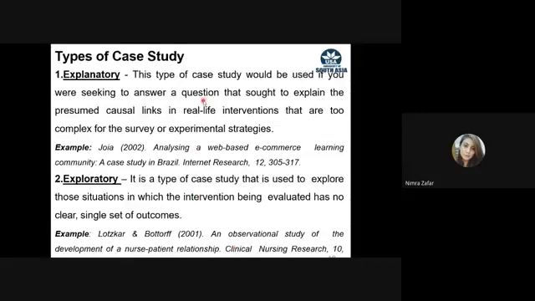Then we have further different types of case studies. Number one is the explanatory case study. This type of case study would be used if you were seeking to answer a question that sought to explain the pre-assumed causal links in real life intervention that are too complex for the survey or the experimental strategy.